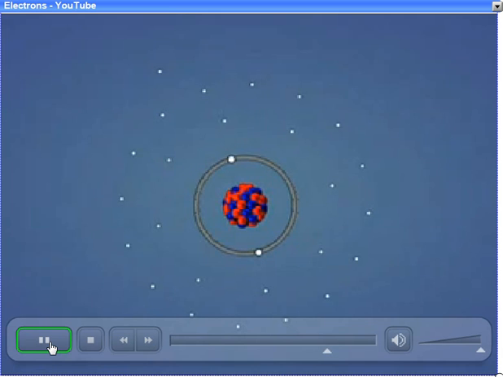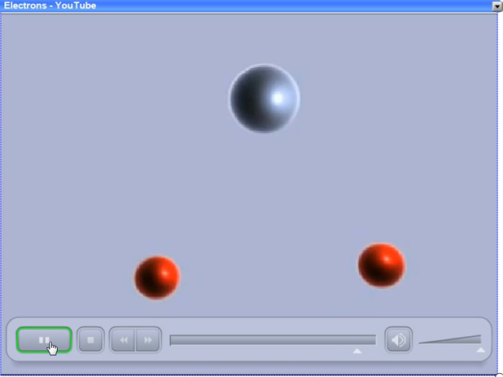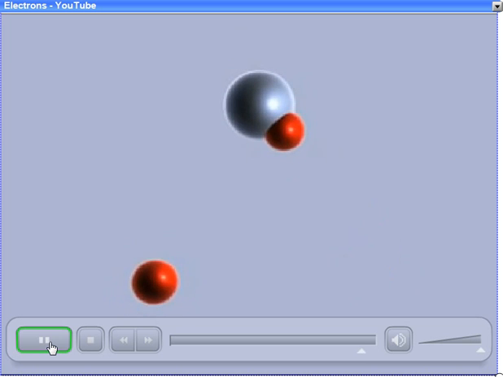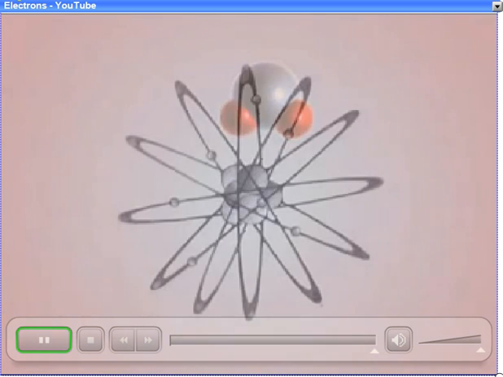Electrons with a relatively low amount of energy have their electrons located in energy levels close to the nucleus, whereas high-energy atoms possess electrons located farther from the nucleus. The arrangement of electrons in energy levels is very important in determining how an atom will interact with other atoms.